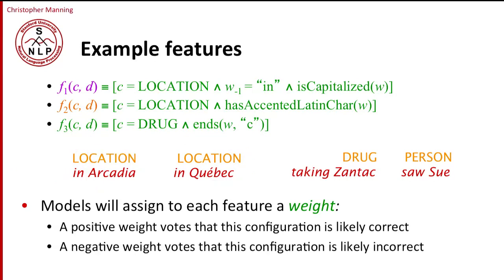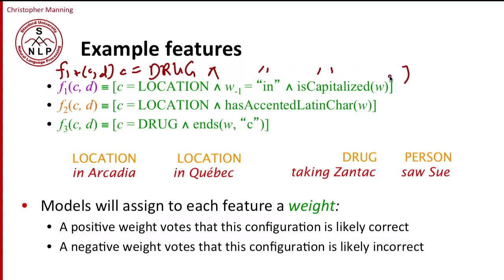Then the other choice is you can have a negative weight, so that a negative weight votes that a configuration is likely incorrect. So we could have another feature, for example, which was like feature 1, but might be feature 14, which said the class equals drug, and the rest of the condition was the same.